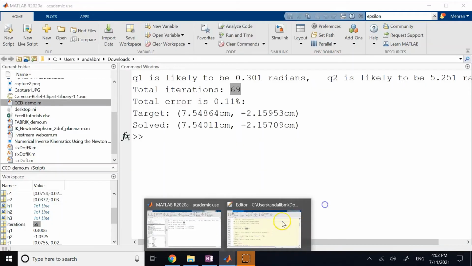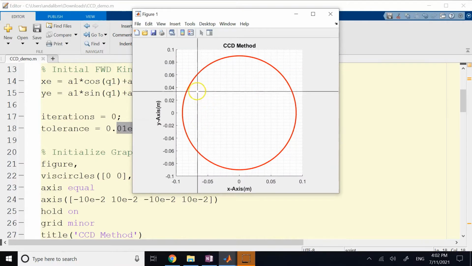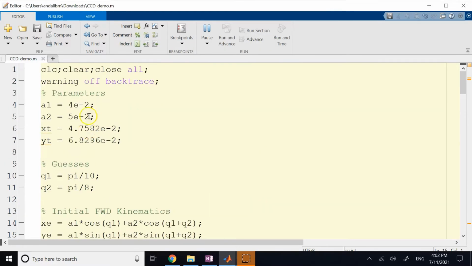Now let me try a different point here. So let's say, how about here? Let's see if it can get it there. So clearly you see my initial guesses are like 18 degrees and 20 something degrees, right?